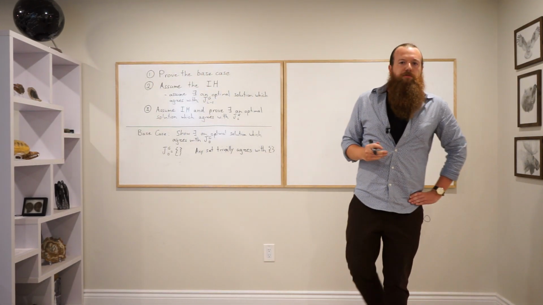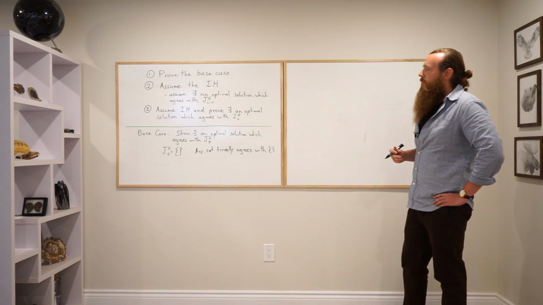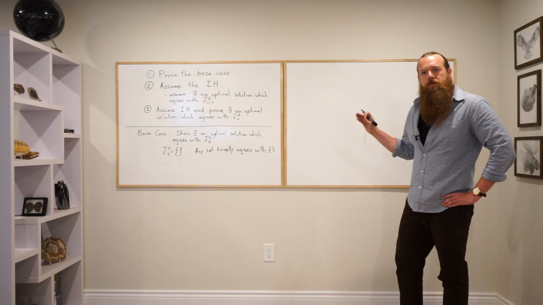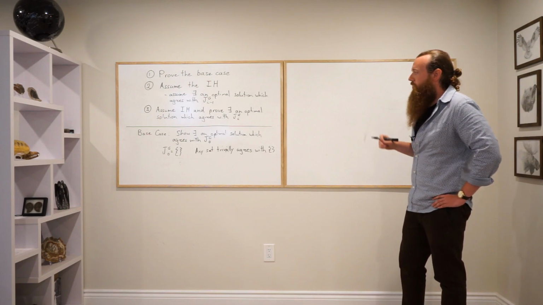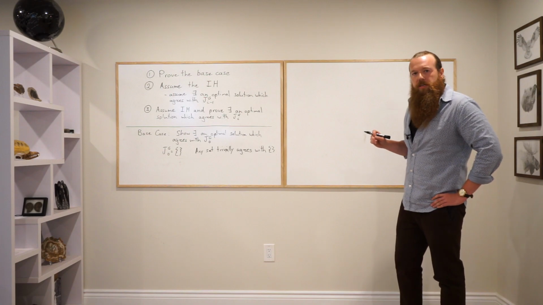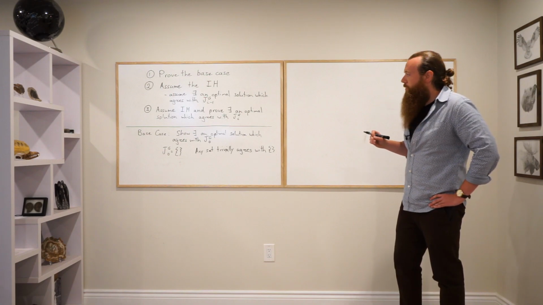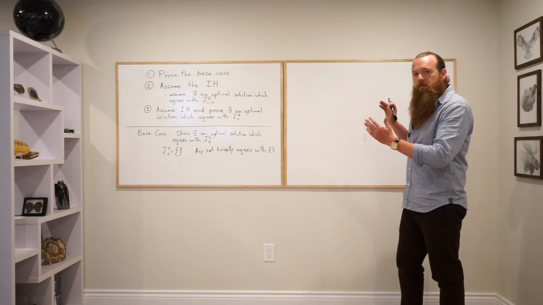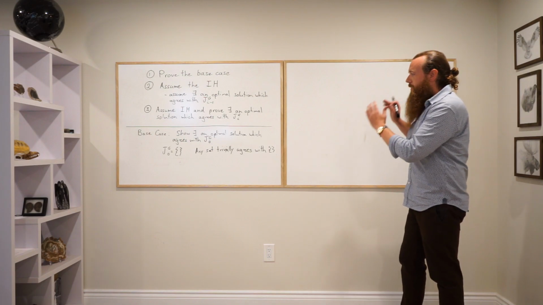Well, if it agrees with the first i minus 1, we can really just zone in on the ith choice of the greedy algorithm of earliest finish time. And there's really only 4 cases that can happen. So if they've done the exact same thing for the first i minus 1 jobs, we look at the ith job.